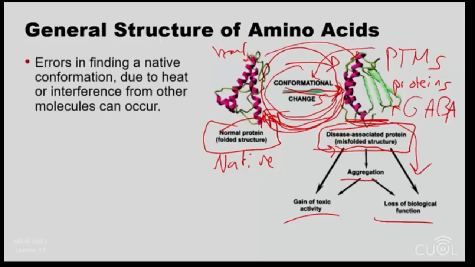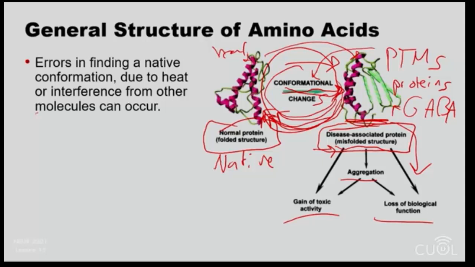So, kind of what I said, errors in finding a native conformation due to heat or interference from other molecules can occur. So there's also, in the case of prion diseases, it's a bit weird because a misfolded prion can cause a native conformation prion to misfold and get stuck into this misfolded state.